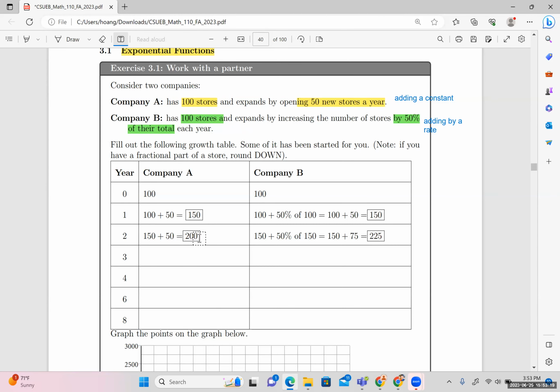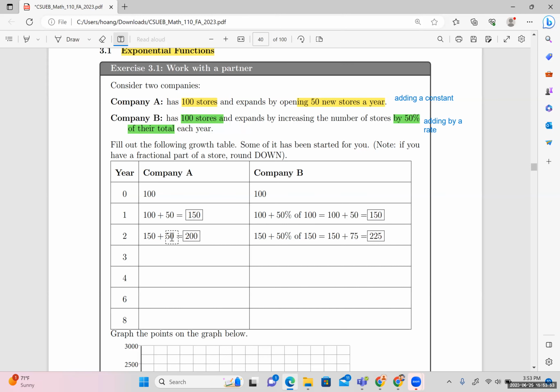After 1 year, company A just keeps adding 50 more, so that means they're gonna have 150 stores. Company B will add 50% of 100, which means they will add 50. So 100 plus 50 is going to be 150.